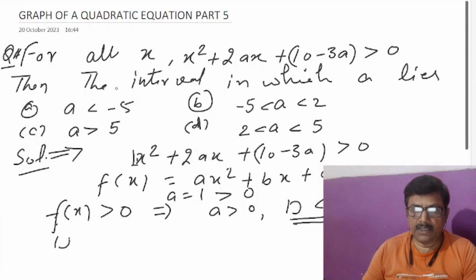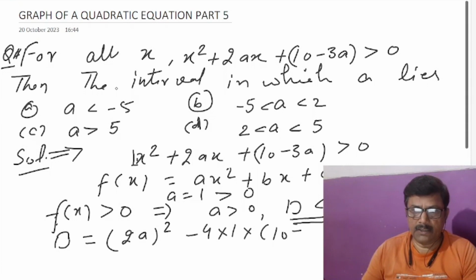Now we will find the discriminant of this quadratic. Discriminant is b square minus 4ac. Compare: 2a whole square minus 4, where a is 1 and c is 10 minus 3a. Correct?